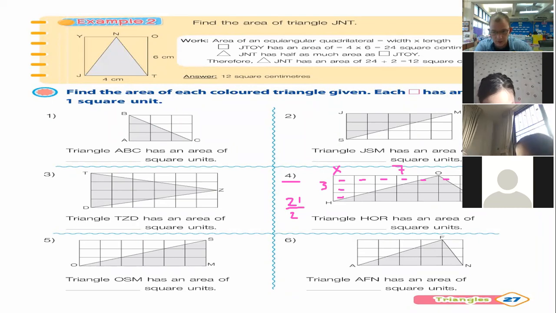We add a 0, we get 5. 5 times 2 equals 10 equals 0. So 21 divided by 2 equals 10.5. If you struggle, because these answers sometimes give you decimal answers, remember to do long division and use them as a decimal. So 10.5 is the answer for number 4.